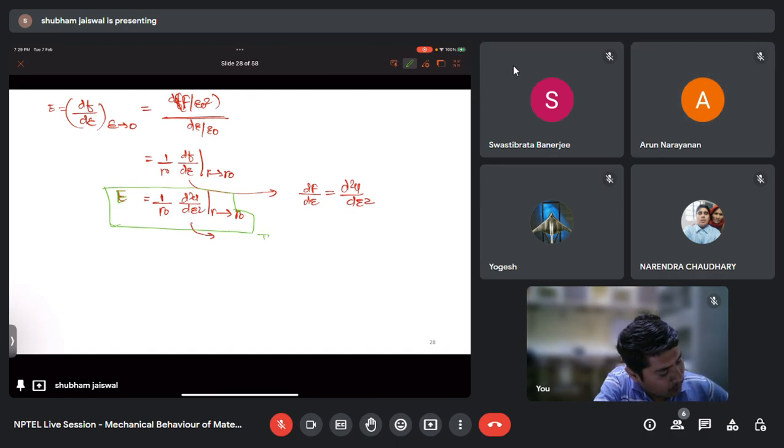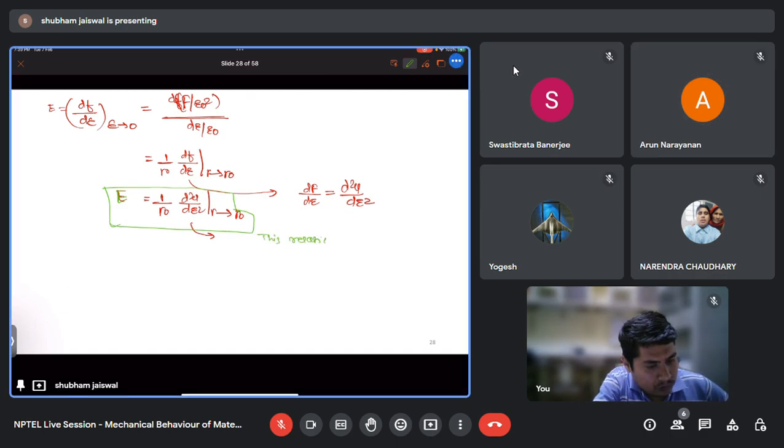So this relation indicates that the elastic modulus is directly dependent on the electronic structure of material, or in simple words, what we call bond energy.